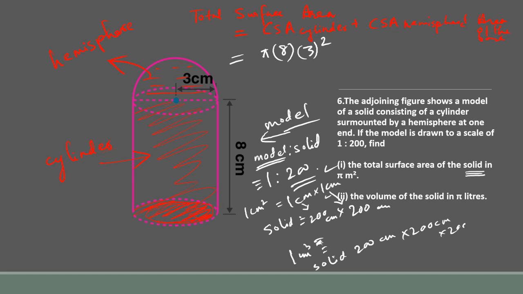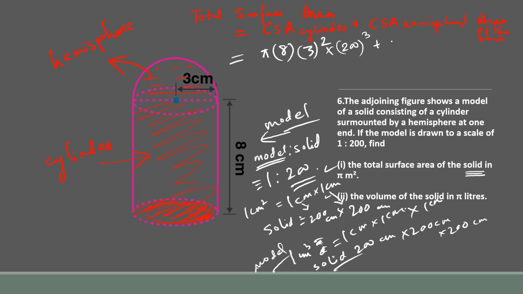If the model is 1 centimeter cube, then the solid will be 200 times 200 times 200 centimeter. Similarly, for the CSA of the cylinder, we have found this for the model, where 8 is the height and 3 is the radius. So now the solid will be 200 cube.